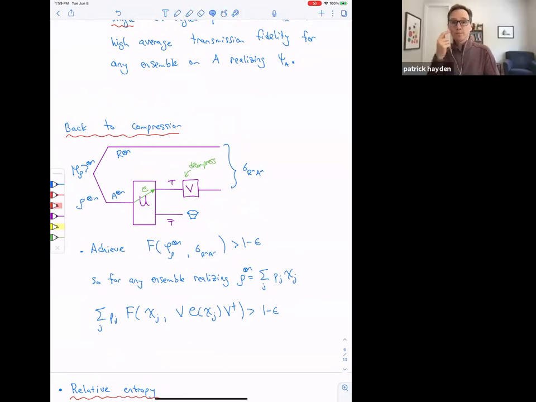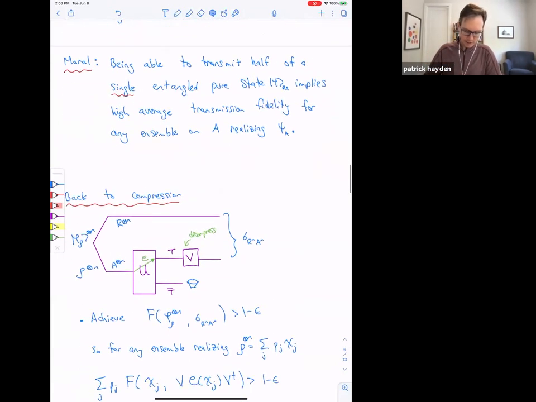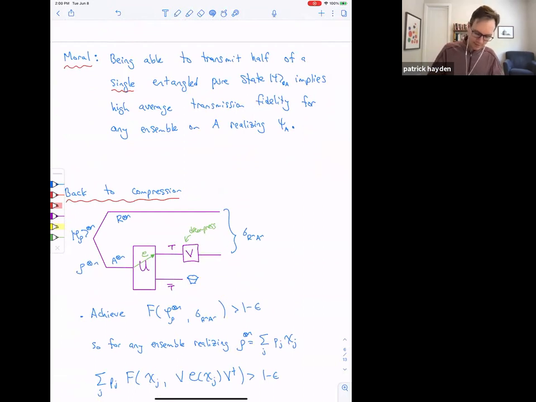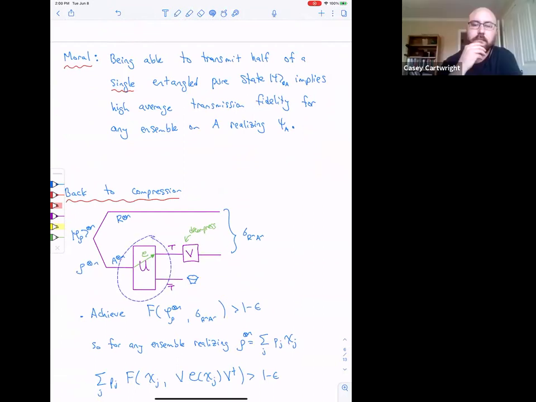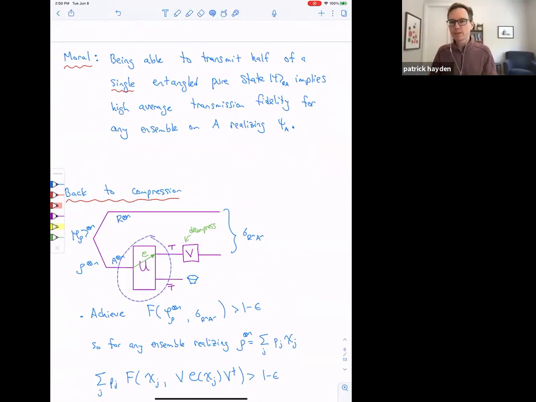So the compression, in order to implement it, if you're actually going to make it happen, you would probably need a quantum computer. So this U here would actually be, if you had a quantum computer, a bunch of qubits. You would have some restrictions on how they could interact.